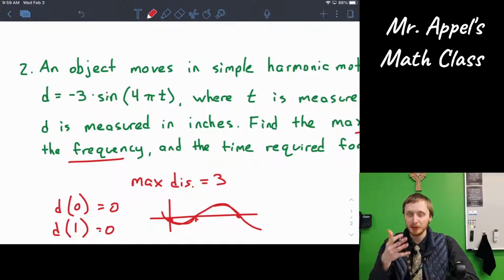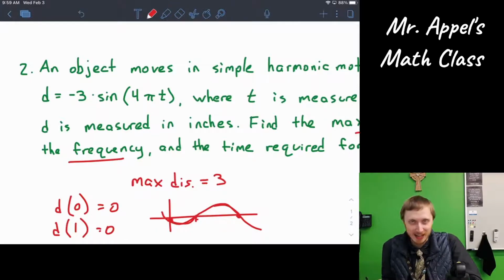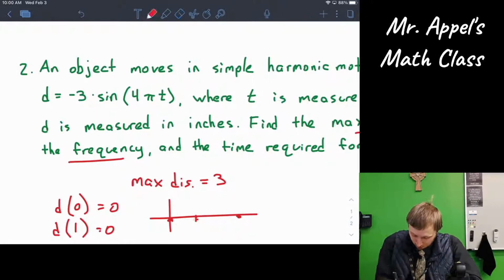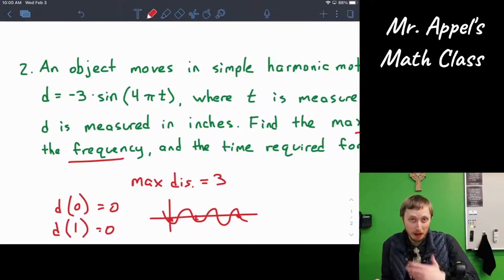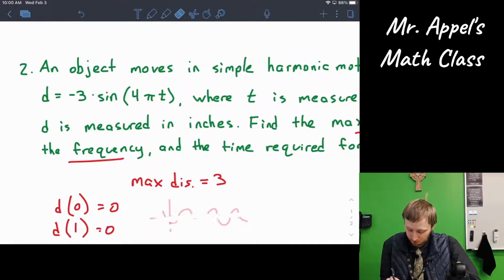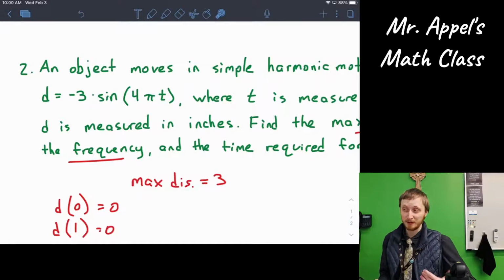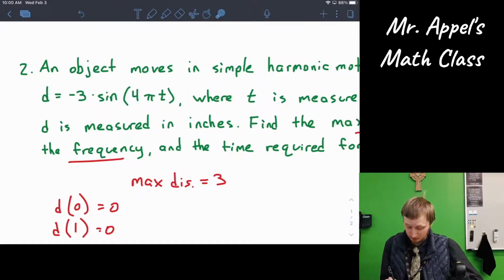So my recommendation would be to actually just graph it and look at it, okay? Because I don't know if it's going to look like this or if it's going to look like that, right? How many times does it go up and down before I reach my time of 1? So my recommendation is to just look at it, and we can find out.